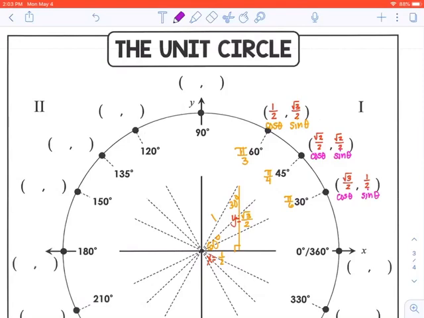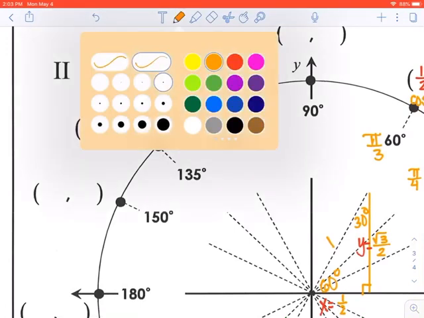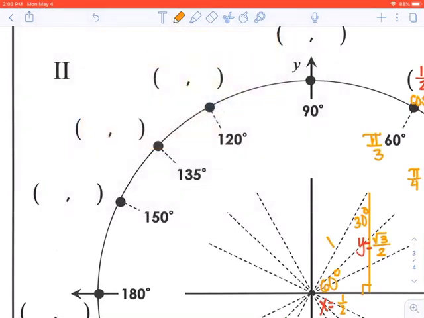Now, going to this second quadrant, the cool thing is we are just going to repeat what we had in the first quadrant. If you watch this, 120 degrees here has a reference angle. Remember, reference angles are the angle it creates with the x-axis.